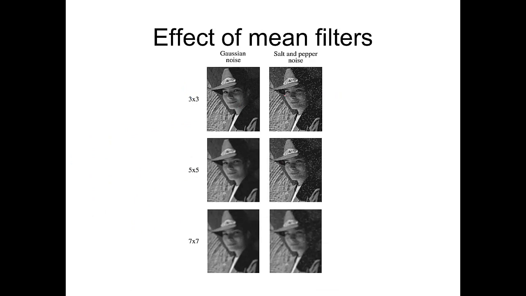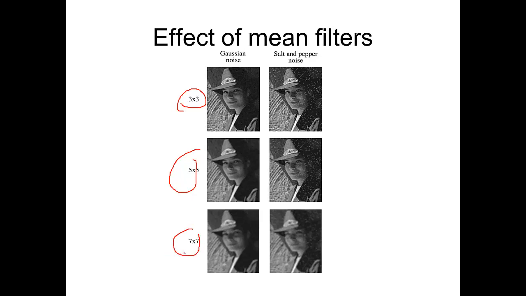This is for noise reduction. For example, we have some image, then we put some Gaussian noise there, then some salt and pepper noise there. Then we use the 3x3 mean filter, then 5x5, then 7x7 filter.